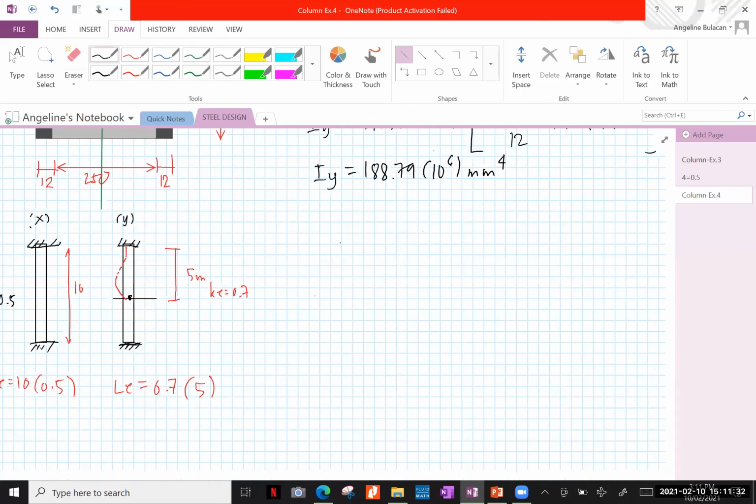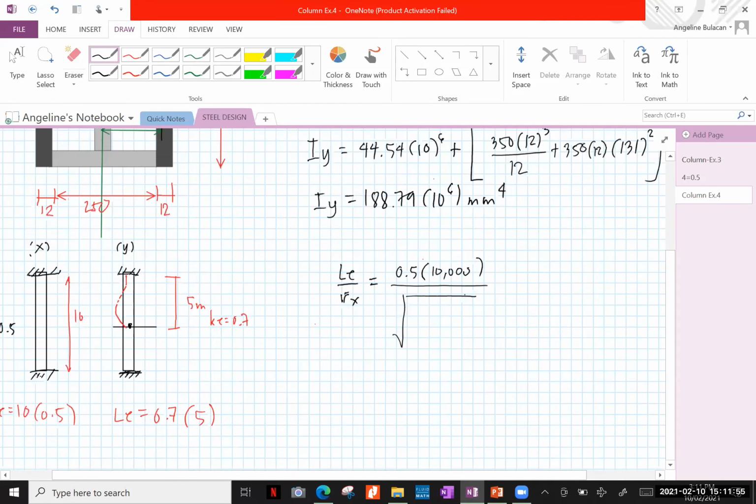So, KL or LE over RX is equal to, ang LE natin is, dapat naka-mm, so 0.5 times 10,000 all over RX. RX is square root of I over A. Pwede naman na i-solve nyo muna. So, diretsuhin ko na lang. So, we have here 351.